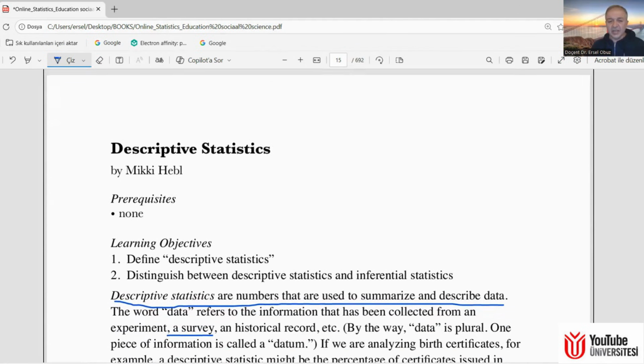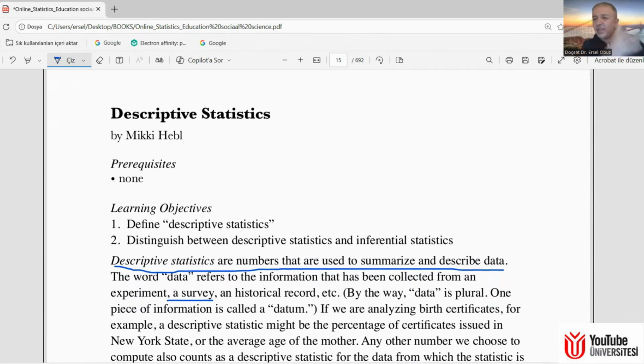So when we think about statistics, there are two branches. One of them is descriptive, and the second one is inferential statistics. We will cover both. Descriptive statistics are numbers that are used to summarize and describe data.